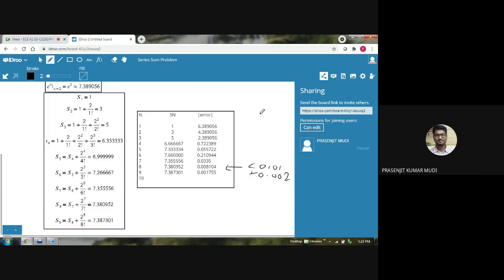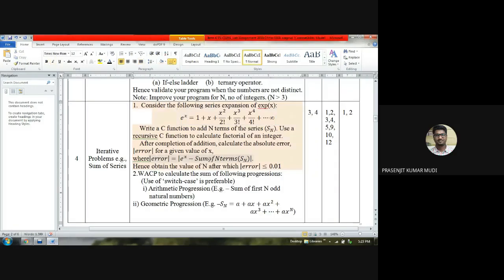So here gradually you can see the more terms you add, the more the error decreases. That's the idea. How much error we want to tolerate, that allowable error, must be given by the user. That is known as the threshold error.